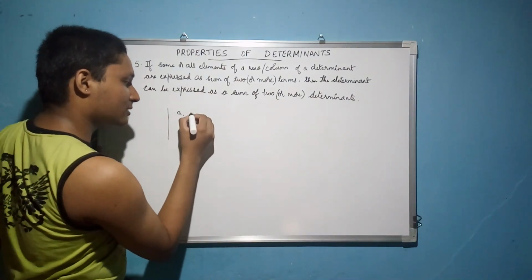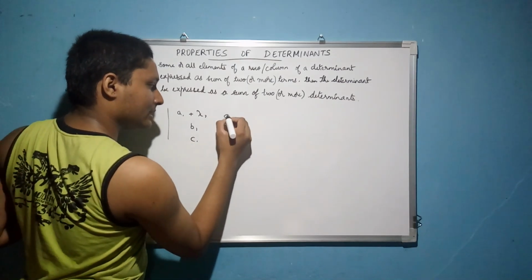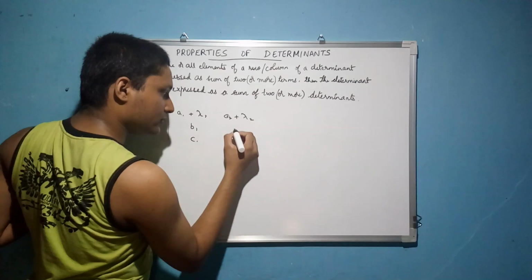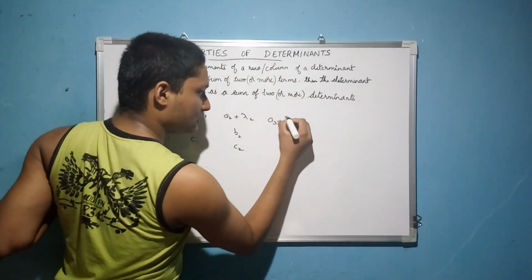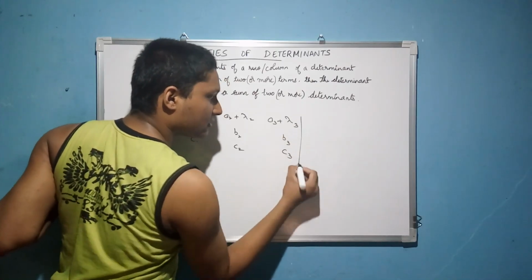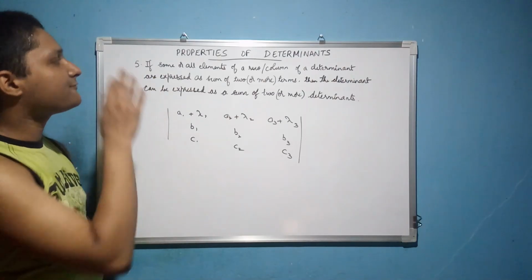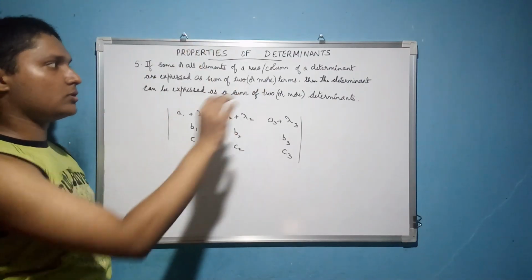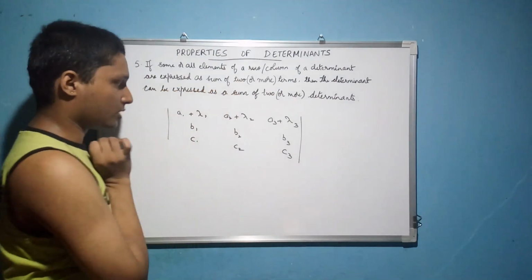So if I have A1 plus lambda 1, B1, C1, A2 plus lambda 2, B2, C2, A3 plus lambda 3, B3, C3, then the first part of the sentence means that some or all the elements of a row or a column of a determinant are expressed as a sum of two or more terms.